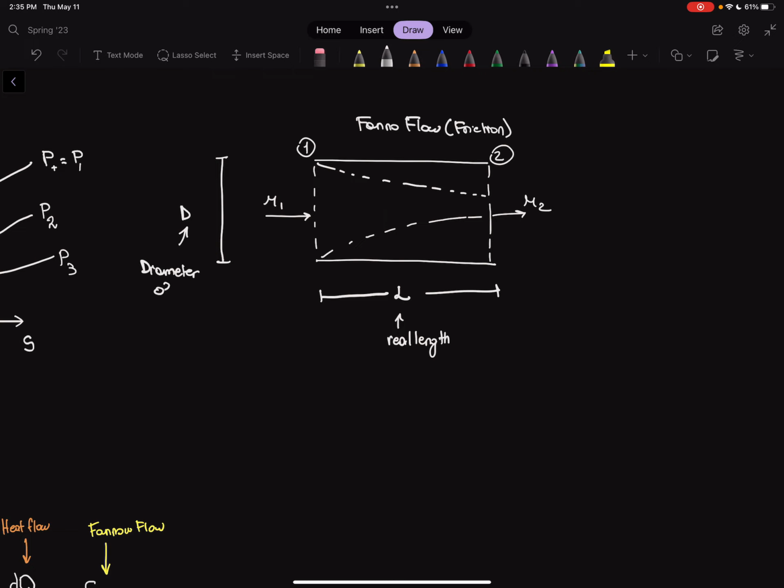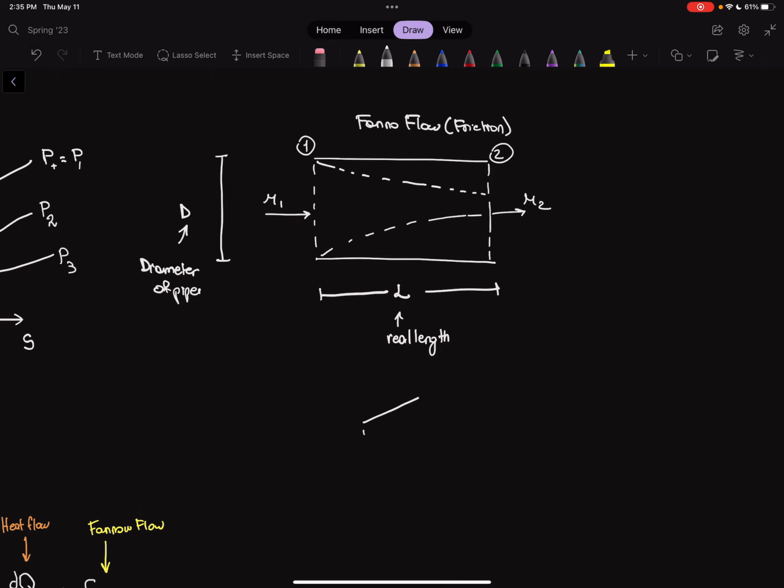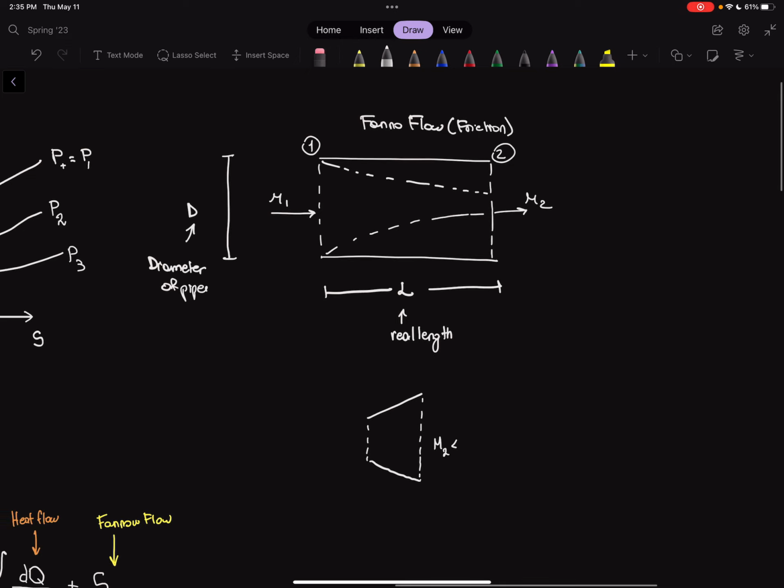So as we did for the A over A star, the very first problem we had, remember, we had something like that, and we said here that was subsonic. So necessarily this was subsonic to M1, but greater than M2. And we said we can imagine in that case that the float would be before, somewhere here.